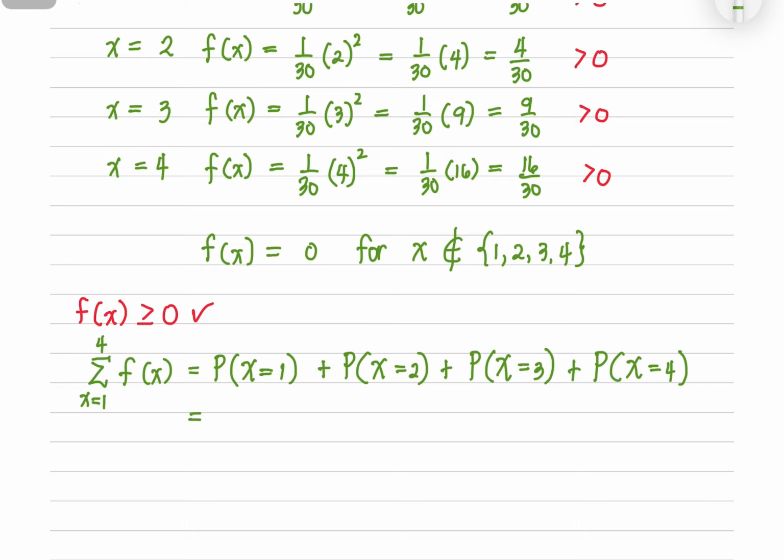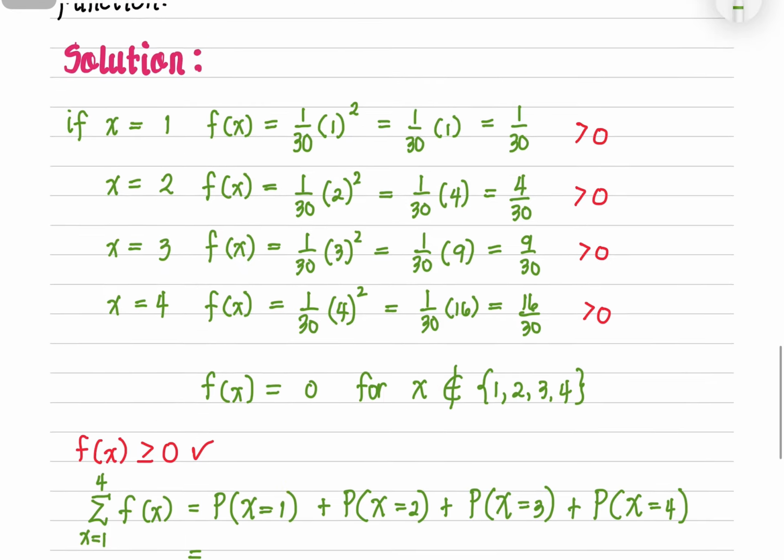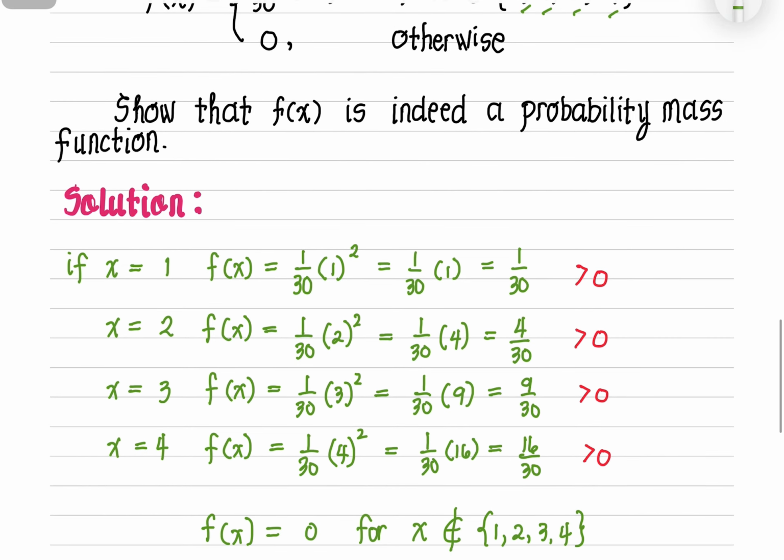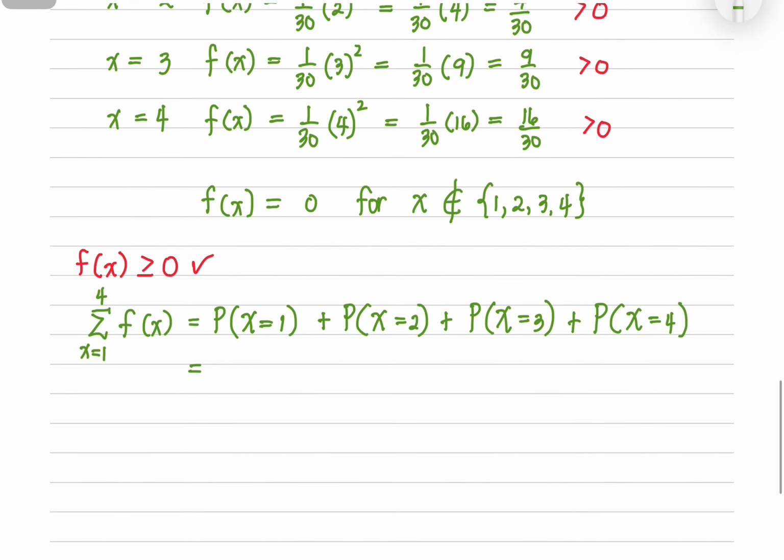Okay, so next, let's plug in. So, our formula here is 1 over 30 x squared, right? So, 1 over 30. So, our x here is 1. So, do not forget the exponent.